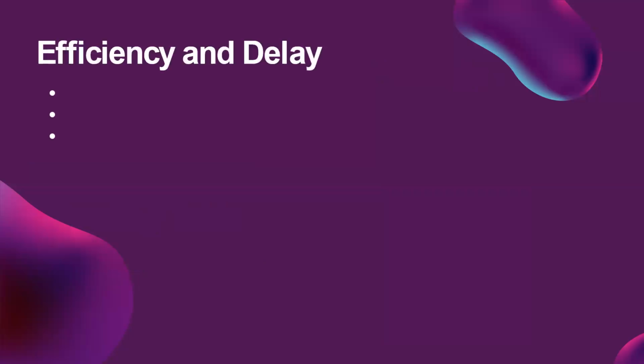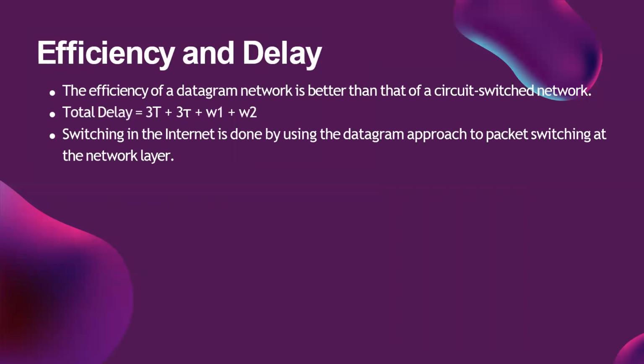Now for efficiency and delay, the efficiency of a datagram network is better than that of a circuit switched network. The total delay equation is: total delay equals 3T plus 3 tau plus W1 plus W2.